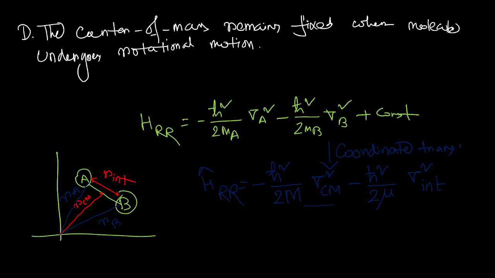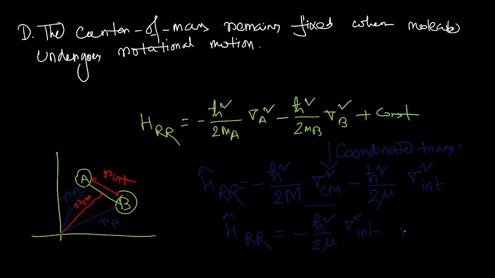So there is no spectroscopic method to determine the translational motion of the center of mass. It's impossible. So you can write this in terms of only the internal coordinates.